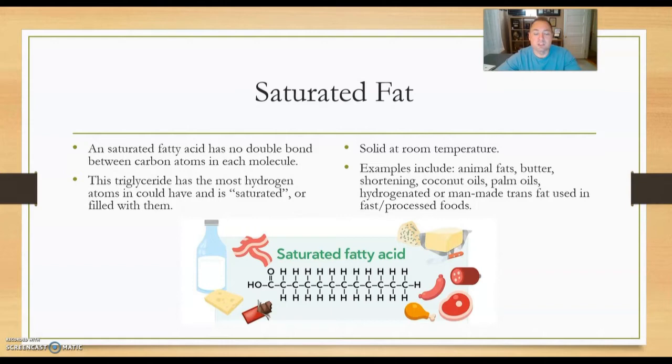A saturated fatty acid has no double bonds between carbon atoms in each molecule. Now, understanding the molecular structure of food, you need to understand a little bit of chemistry. So, bonds are where atoms connect to each other and electrons are either shared or transferred.